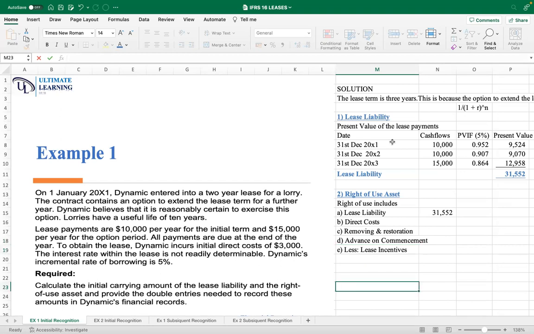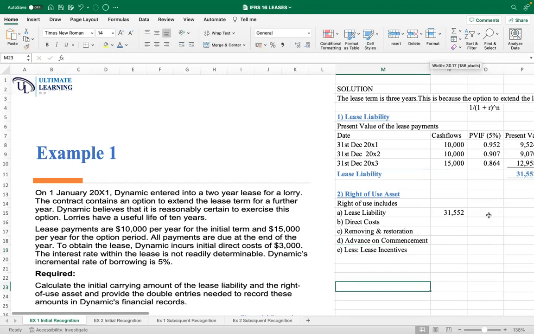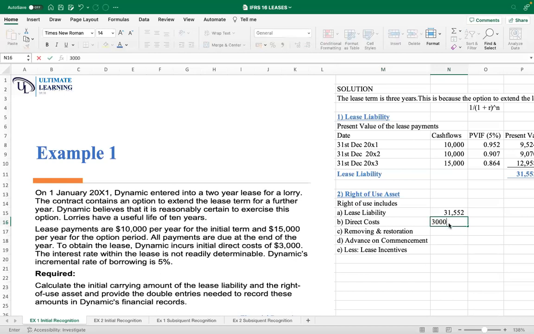So in order to calculate the right to use an asset, you calculate the present value for the lease liability, which we have already got as 31,552. So let's look for direct costs. To obtain the lease, Dynamic incurs initial direct costs of 3,000. So direct costs are 3,000.